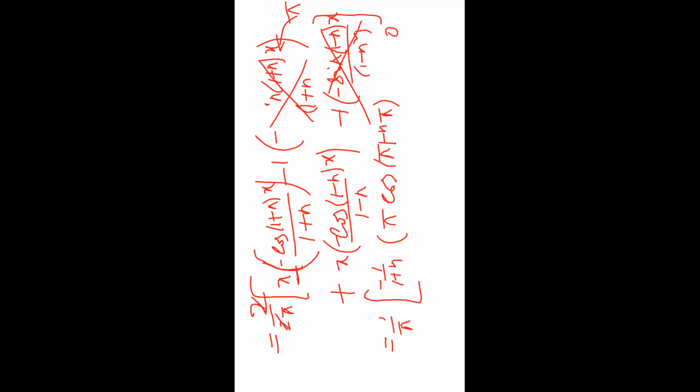Here common minus of 1 minus n, replace x equal to pi. The lower limit is 0. Replacing x equal to 0, 0 into cos is equal to 0. So pi, minus written outside, and 1 minus n also written outside. First putting x equal to pi, cos of pi multiplied by 1 minus n, pi minus n pi.